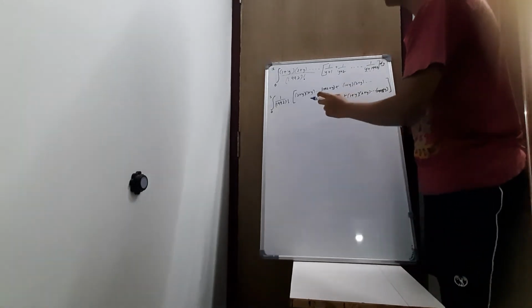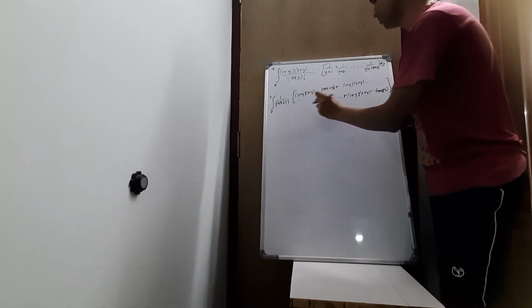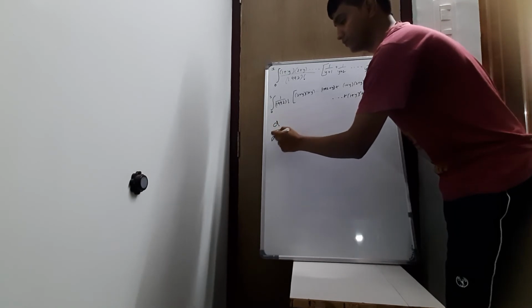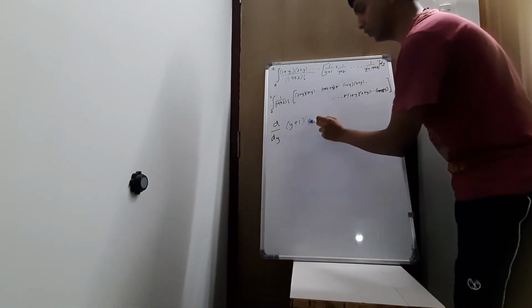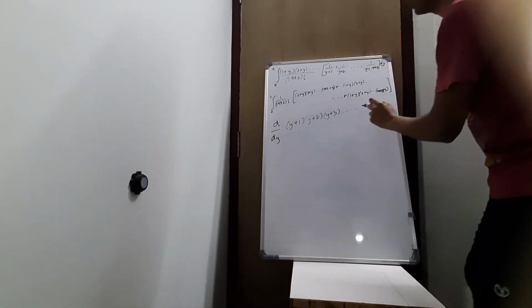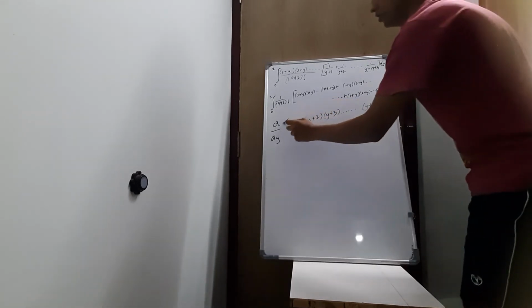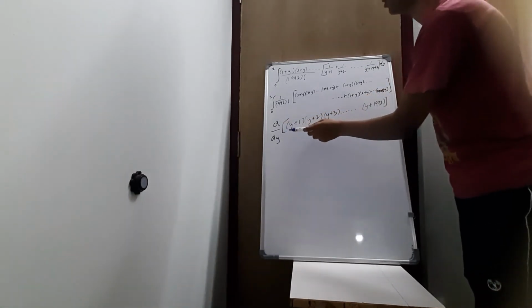Now we have to notice a very good thing: we have to know what this big term is. It's simply the derivative of (y+1)(y+2)(y+3), and so on, up to (y+1992), right? You may be thinking how we can apply the product rule of differentiation to this.